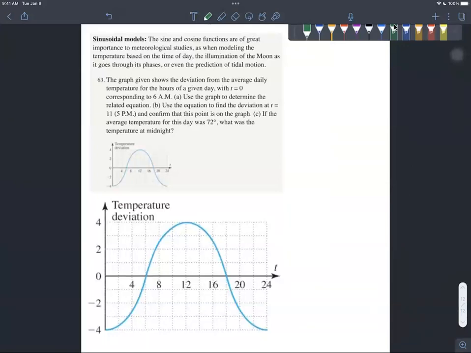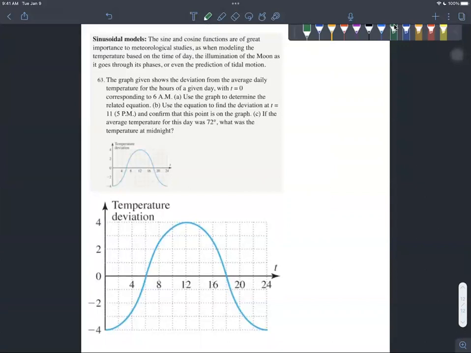B, use the equation to find the deviation at t equals 11, which is 5 p.m., and confirm that this point is on the graph. And then C, if the average temperature for this day was 72 degrees, what was the temperature at midnight? Okay, cool. This is a nice problem.